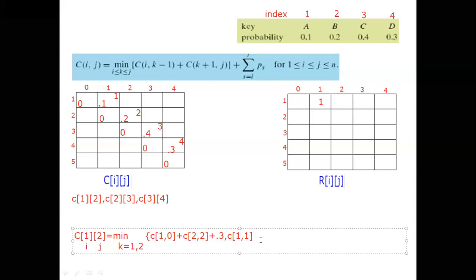Next is plus. What is this one? C of K plus 1. What is the K value? 2. 2 plus 1, it is 3. Comma. What is the J value here? J value it is 2.